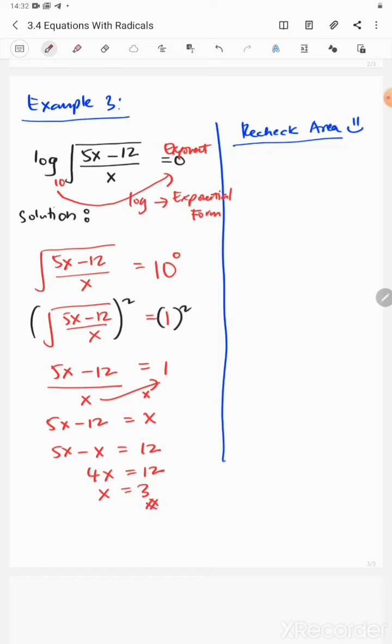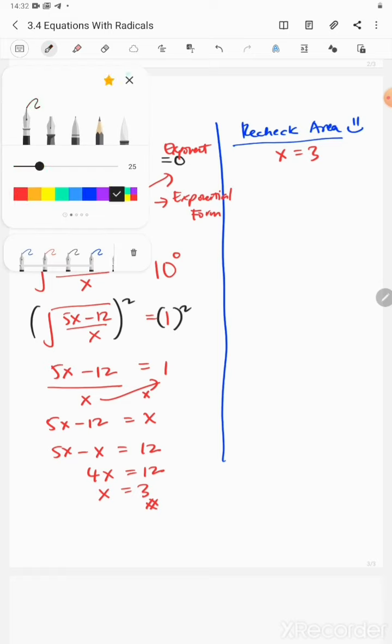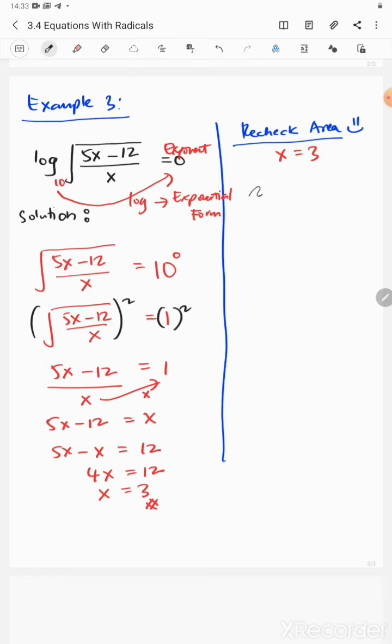Now you have to do rechecking. When x equal to 3, substitute into the original equation. The value that you get is log of square root of 5 multiply 3 minus 12 over 3 equal to 0. So now, 15 minus 12, we get 3 over 3, equal to 0.